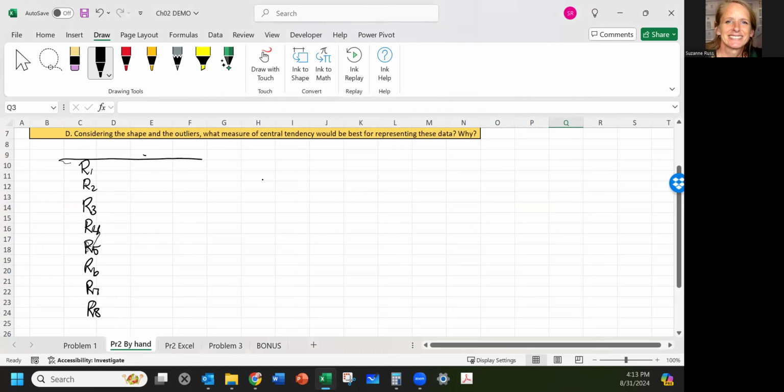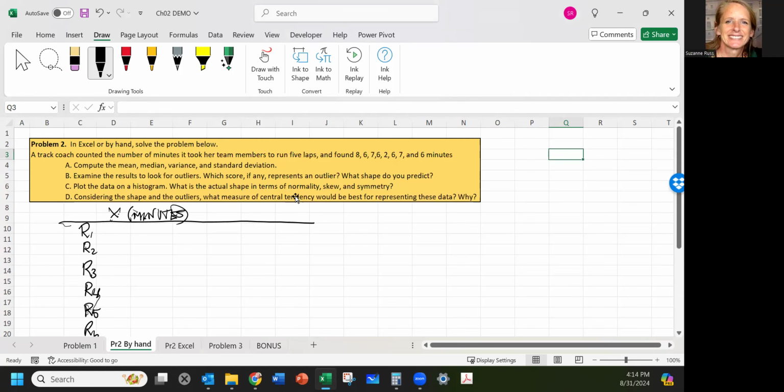Going across the top then, we have to write our scores, which are the number of minutes. I really need to put some time into figuring out why my pen is overacting here. Okay, and now the number of minutes we get from the problem. We have 8, 6, 7, 6. Let me draw a line going down here for the sake of clarity.